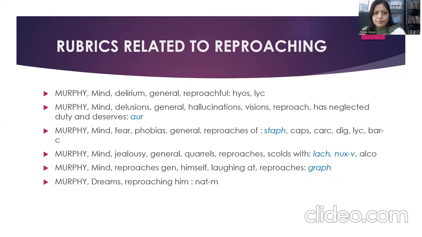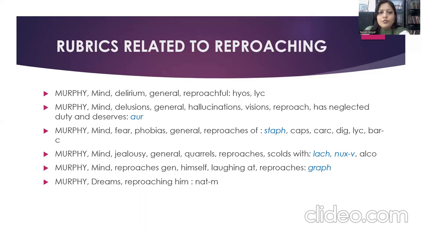The single remedy there is Aurum. Then in Murphy only, we have Mind, fear, phobias, reproaches of. The person is fearful of reproaches. We have Staph present there in high grade. In lower grade, we have Capsicum, Carcinosin, Digitalis, Lycopodium, and Baryta.